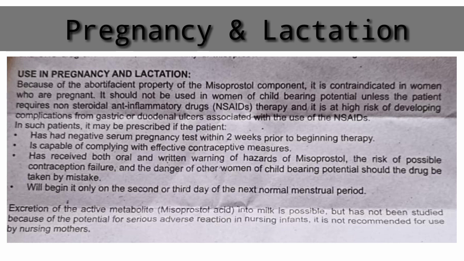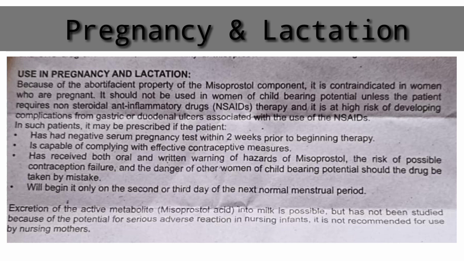It should not be used in women of childbearing potential unless the patient requires non-steroidal anti-inflammatory drug therapy and is at high risk of developing complications from gastric or duodenal ulcers associated with the use of NSAIDs.